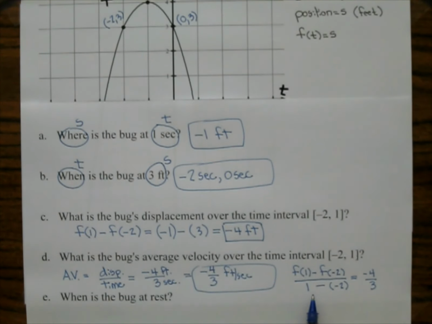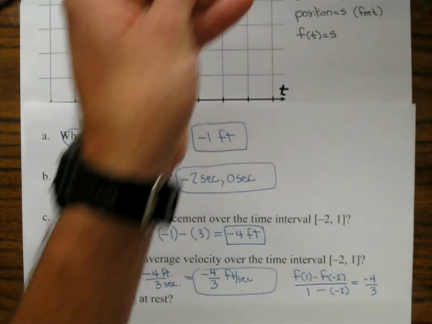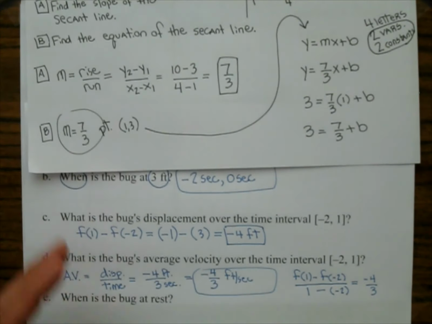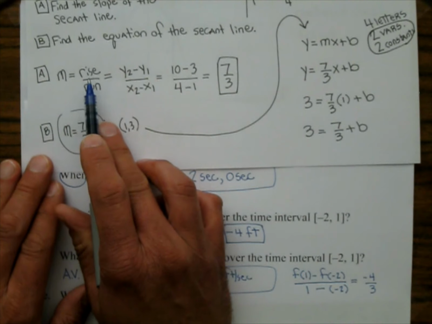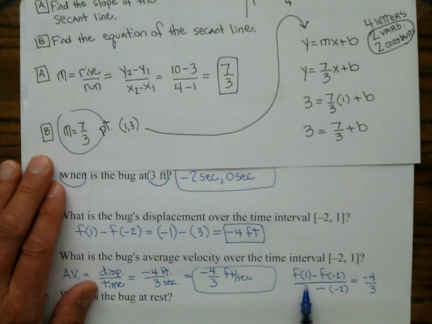But this right here should remind you of something that we did at the beginning of this lecture. Perhaps let me go ahead and show this. This is sort of a rise over run: y2 minus y1, x2 minus x1.